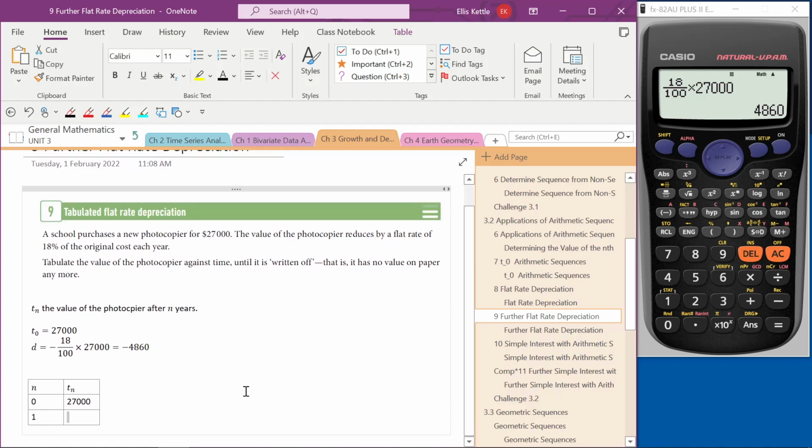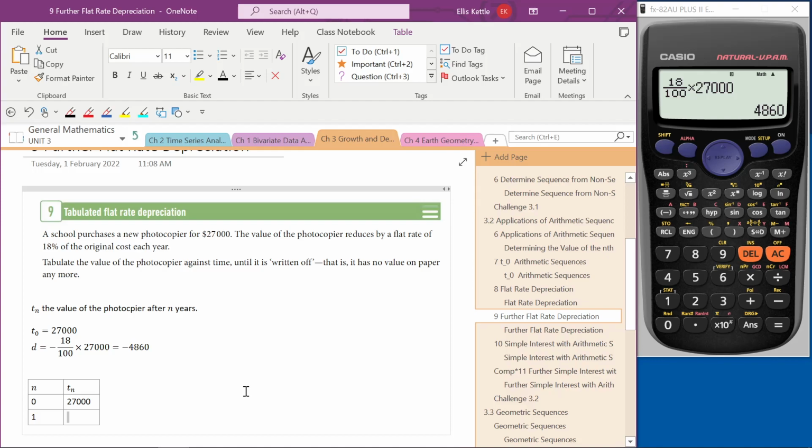In the first year, there's a few ways we could do this, but because we only need to get from the 0th term to the first term, it actually makes no sense to use the normal Tn equals T0 plus nd formula. All we really need to know is how to get from one term to the other, which, if you remember way back to the beginning, is where recursion is really, really powerful.